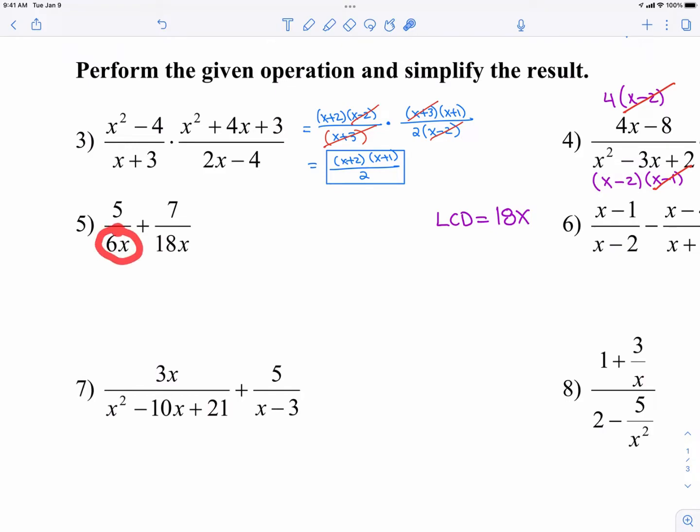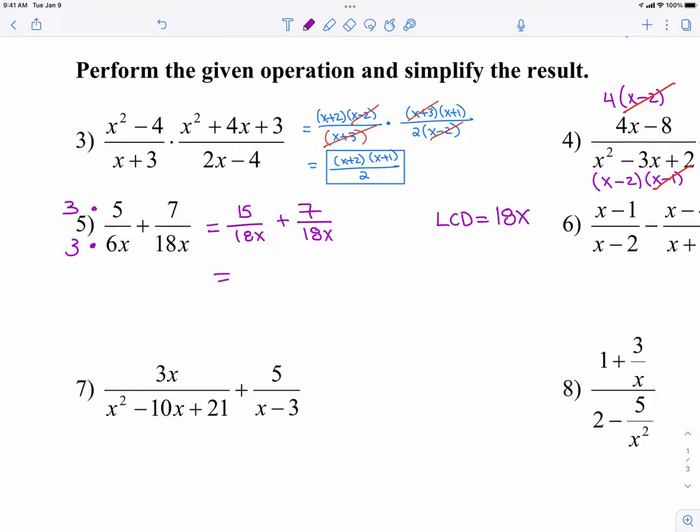We want to make it 18x. So to go from 6x to 18x, we would have to multiply the top and bottom by 3. So that's going to be 3 times 5 and 3 times 6x. Well, that would result in 15 over 18x. And then the second fraction is the same, 7 over 18x.